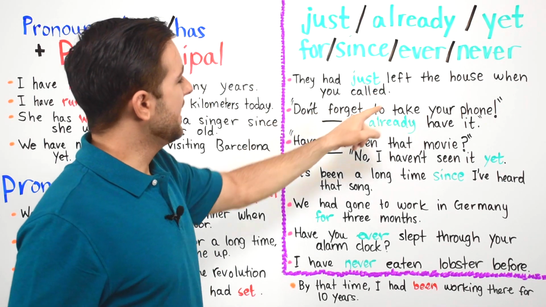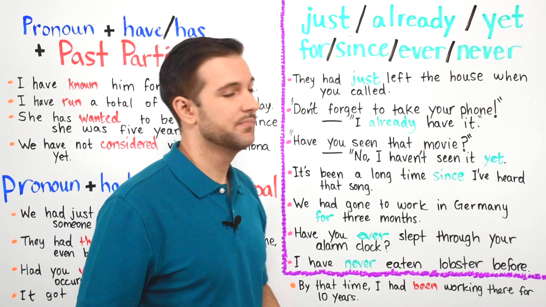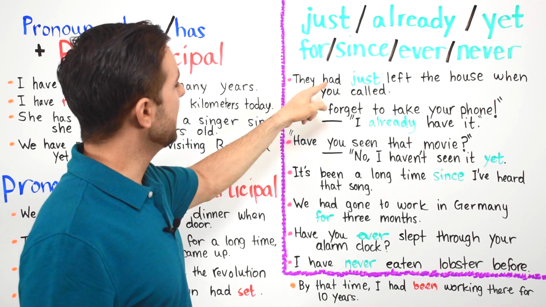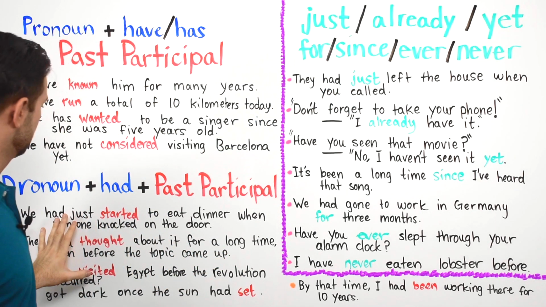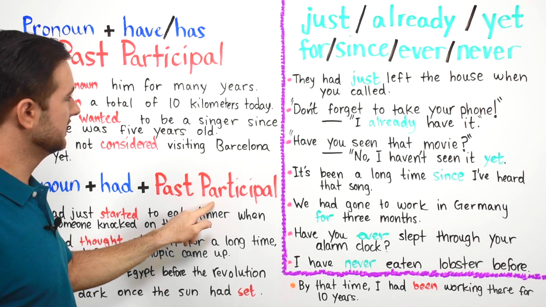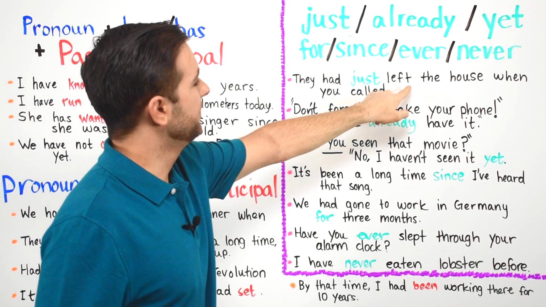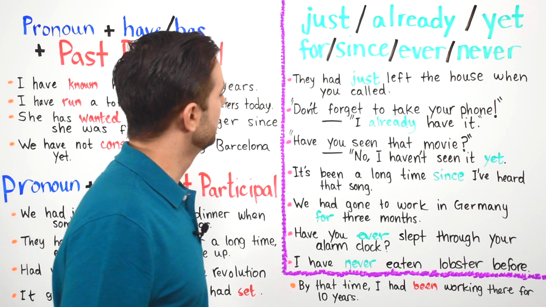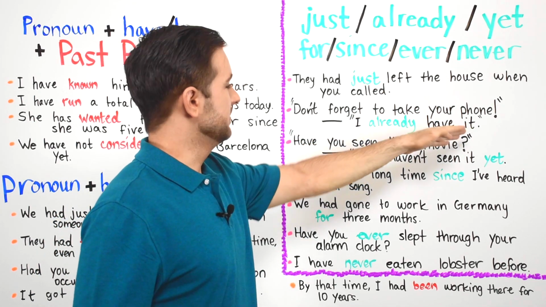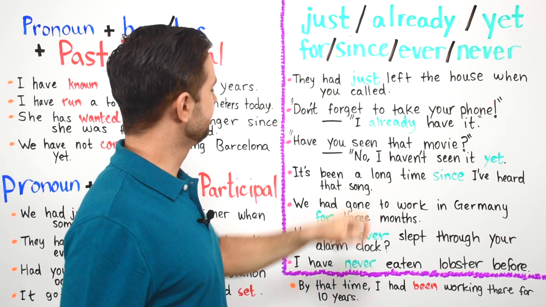They had just left the house when you called. So they had just, right, from here, had just left the house when you called. Don't forget to take your phone. I already have it. Okay, already.